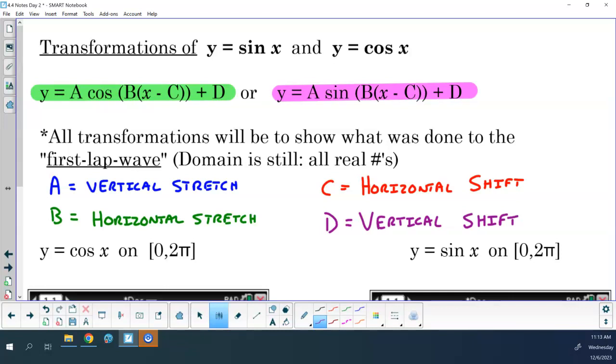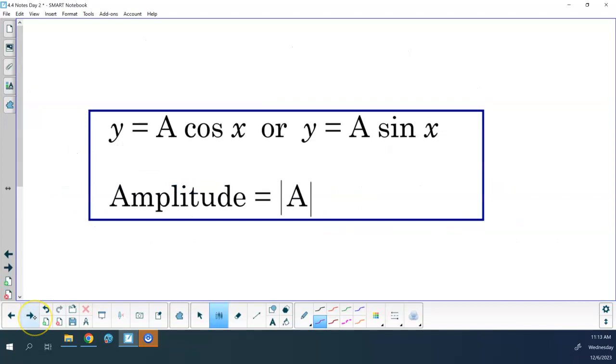Now, when we go to graph these, we are only going to be graphing first lap waves. So you're only going to have to graph one of the waves. So the first one, let's talk about, is going to be our A value.